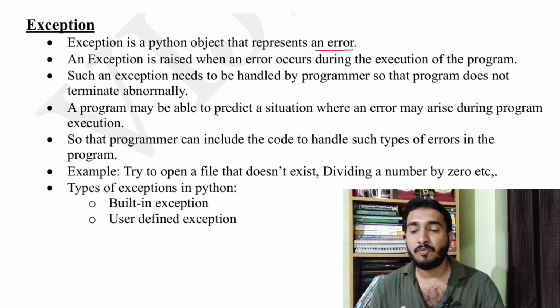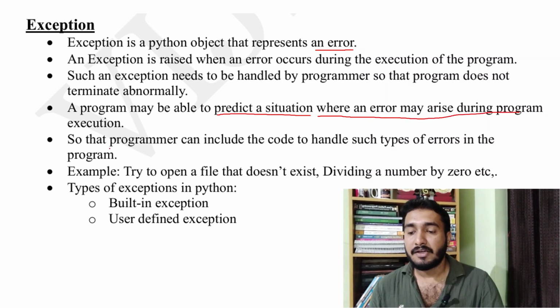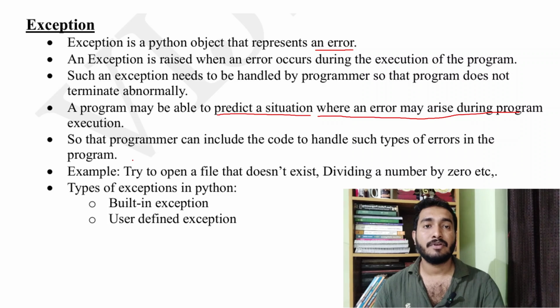The programmer has to predict the situation where an error may arise during program execution, so that the programmer can include code to handle such types of errors in the program. So if the programmer thinks that some part of the code might produce a value error, that can be put in an exception handler to handle that value error exception.